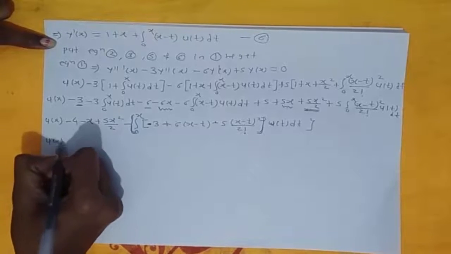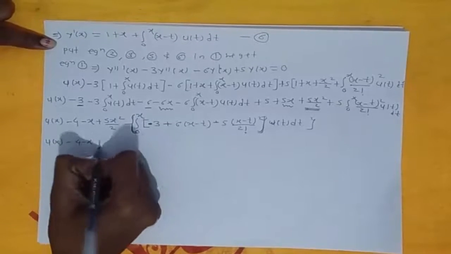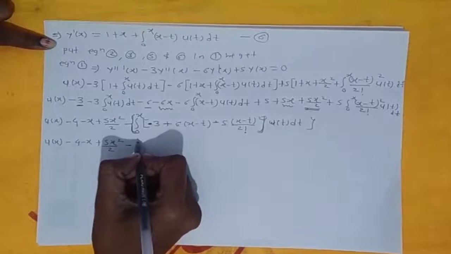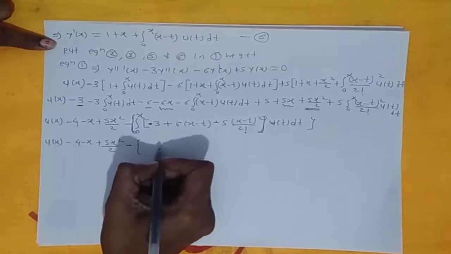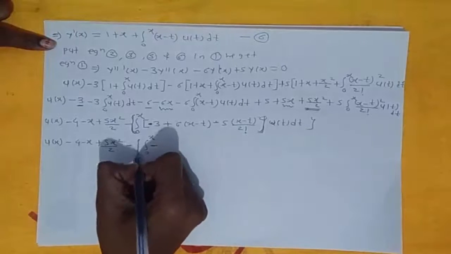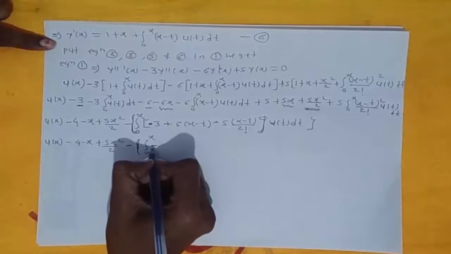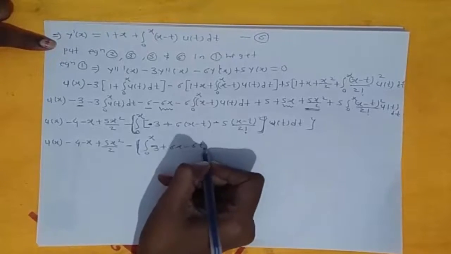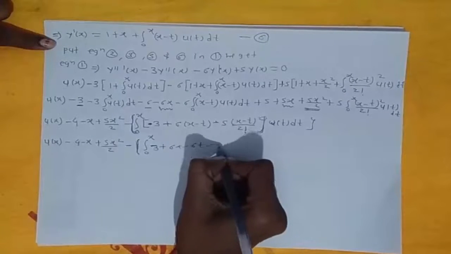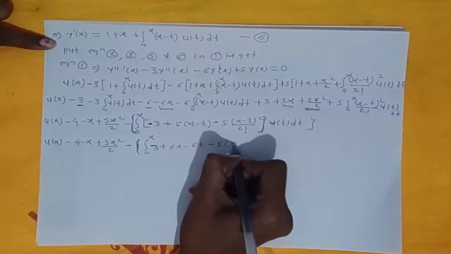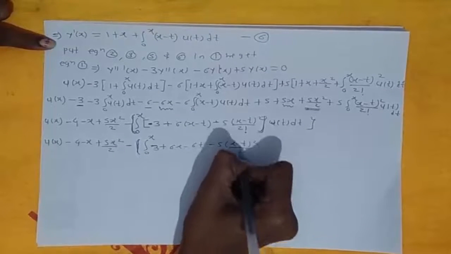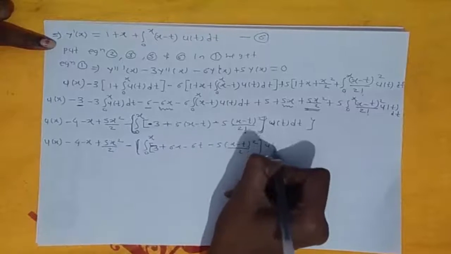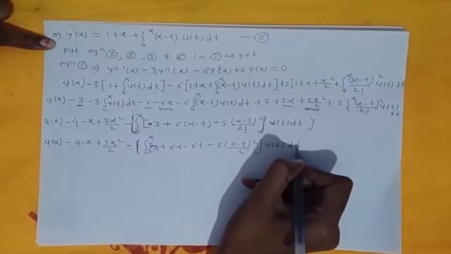That is u of x minus 4 minus x plus 5x square divided by 2 minus, we write this bracket here, minus integration from 0 to x, 3 plus 6x minus 6t minus 5, (x minus t) bracket square divided by 2 factorial into u of t dt.